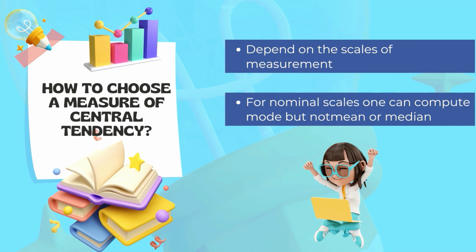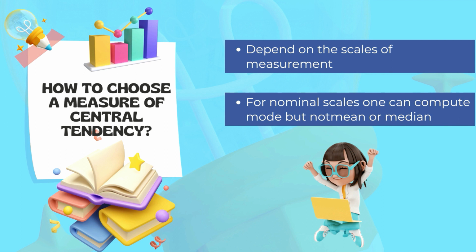On the basis of the nature of the data, you will decide which central tendency is effective. For example, for nominal scale, one can compute mode but not mean or median, because with the nominal scale we can only calculate the frequency of occurrence of certain things, like in your class how many males are there, how many females are there.